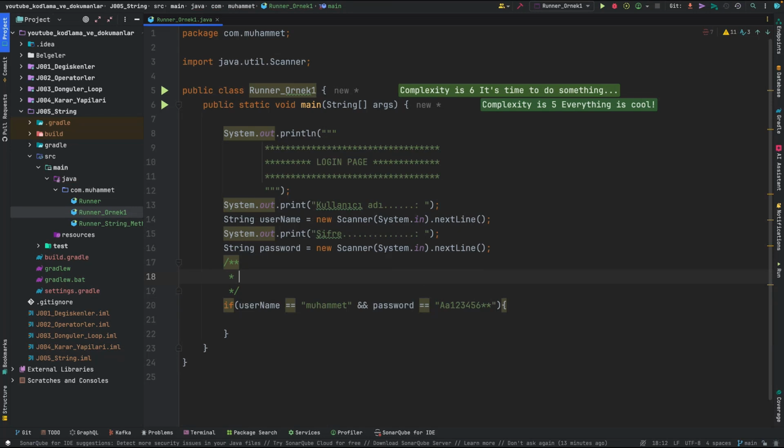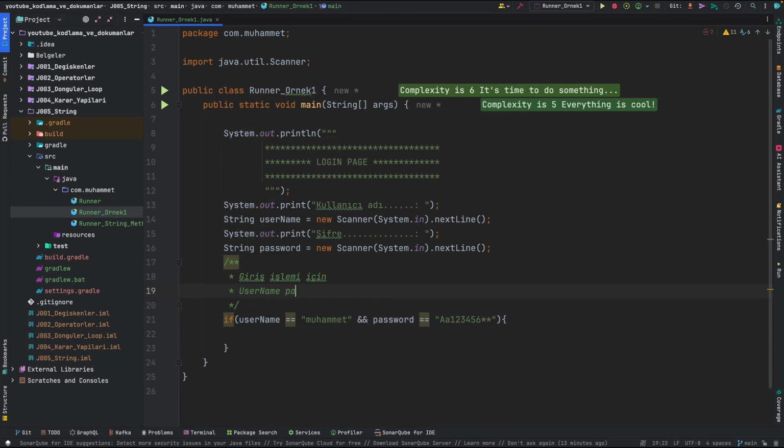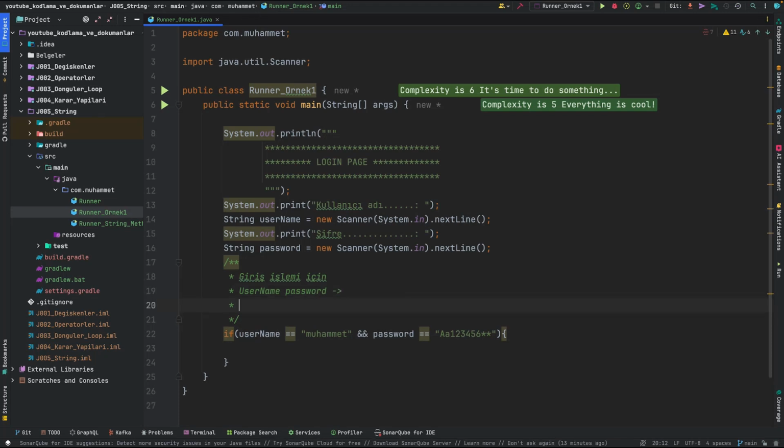Let's say it's for a login process. For example, if the username was correct but the password was wrong, what's the result, guys?